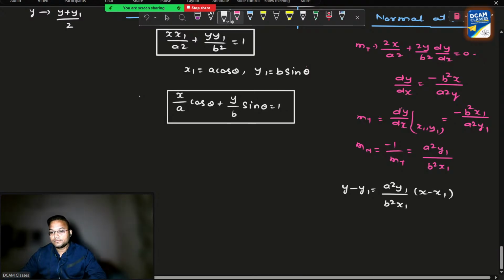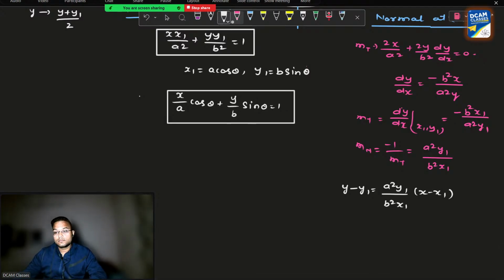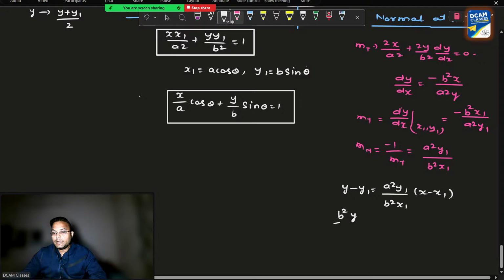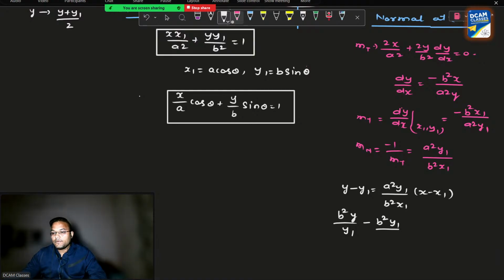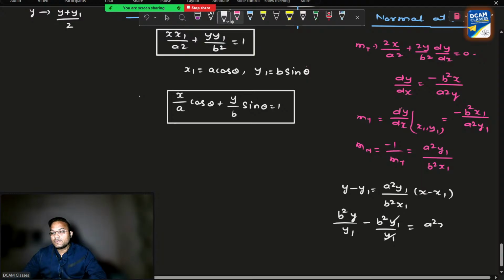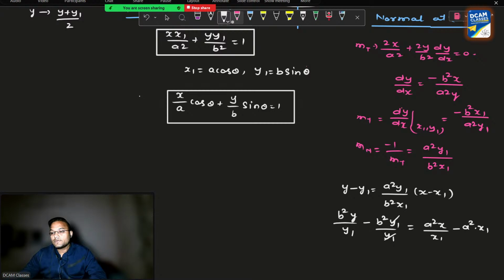So b square y by y1 I'll take it here minus b square y1 by y1 will cancel, is equal to a square x by x1 minus a square x1 by x1.